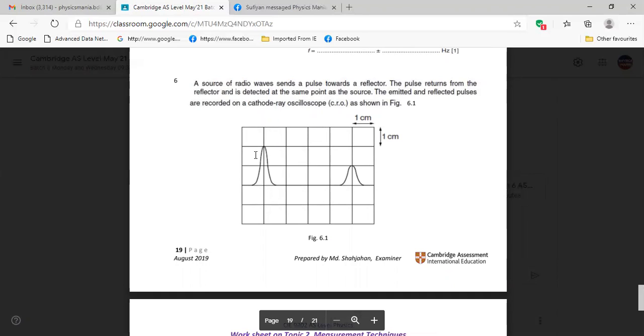We know that echo, right? And the signal we are getting here, the reflected one. So this pulse is showing us the returning back sound, or returning back wave.